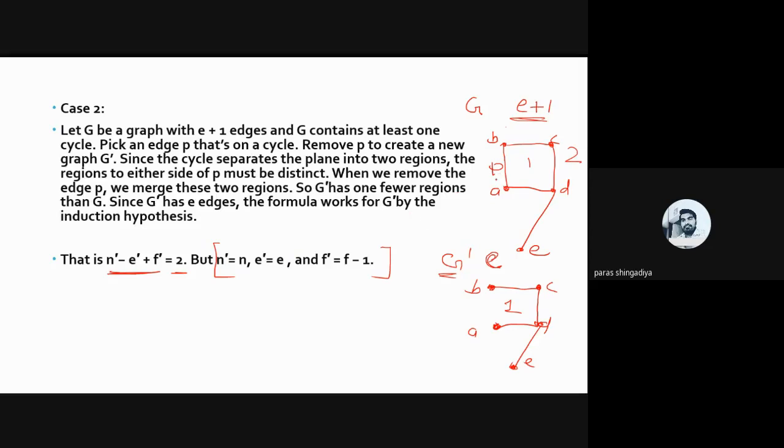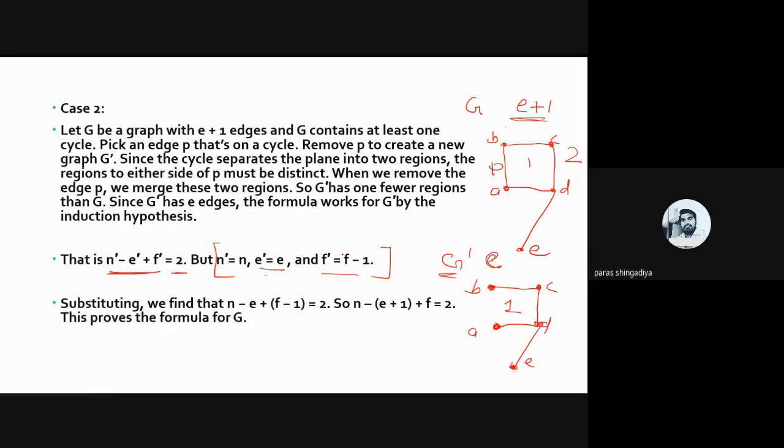Because when we remove the P from the graph G, we create a G dash. After removing the P, both contain the same number of edges, meaning e dash is equal to e. And now f dash is equal to f minus 1, meaning the graph G contains two faces and G dash contains one face, so G dash has one fewer region than G. So f dash is equal to f minus 1, and replacing this data in the formula, we get n minus of e plus 1 plus f is equal to 2.